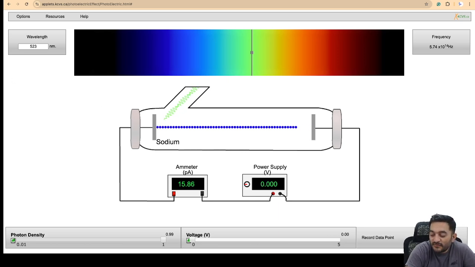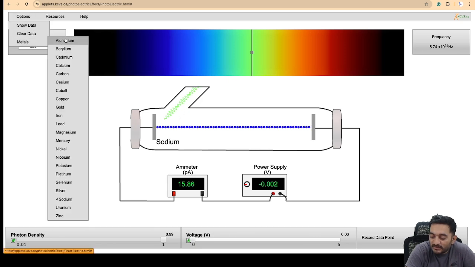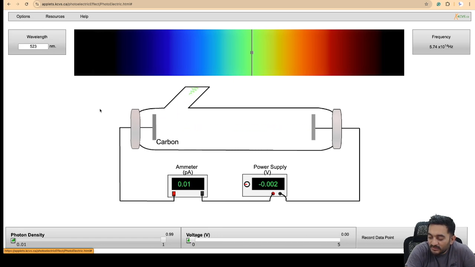If I change the metal to carbon, you will notice that the moment you change the metal, sodium is showing you emission of electron at this particular frequency, but carbon not necessarily having the same threshold frequency. So the threshold frequency is something which can change from metal to metal.